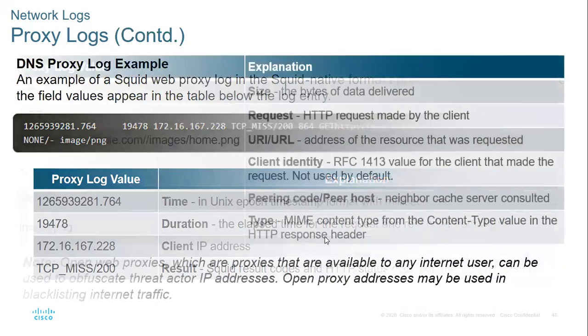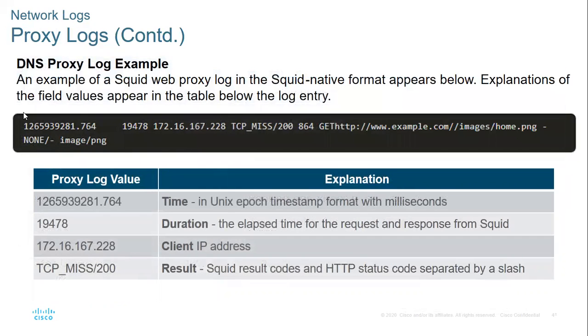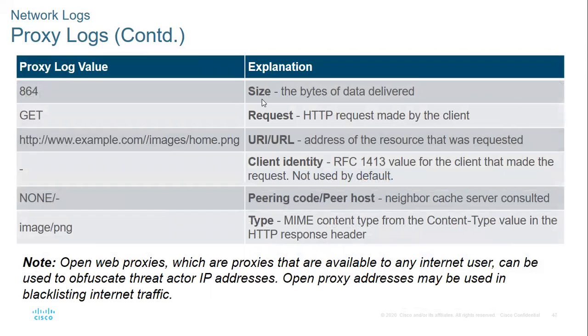So of course, what we have here is the proxy logs. This is the time. This is the duration, followed by the client IP, followed by the results, and then the size of the data.